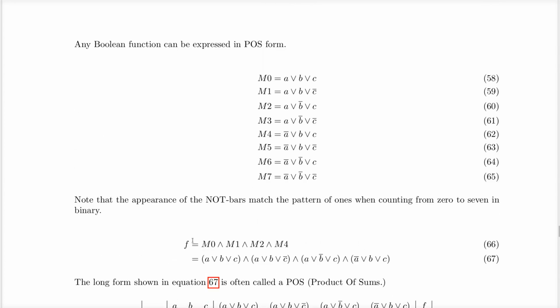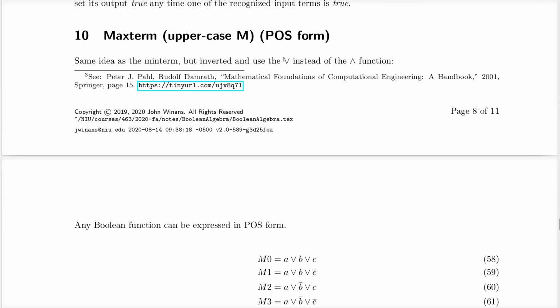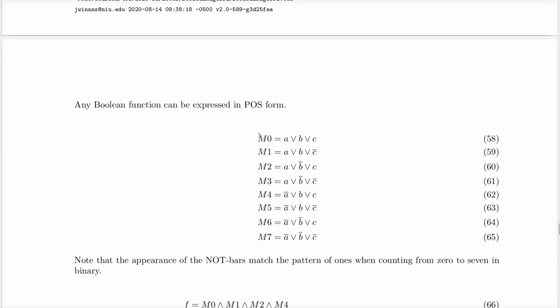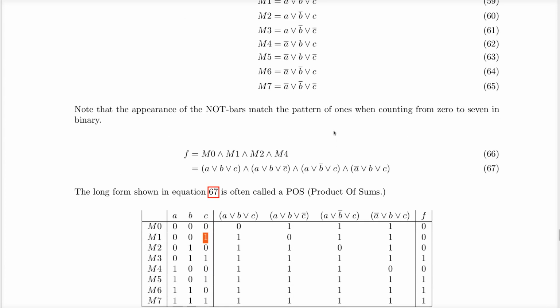Like I said, it's the opposite. We use the OR instead of the AND. We use a capital letter instead of the lowercase letter. And we put the not bars where the ones go instead of where the zeros go. Again, bird's eye view.